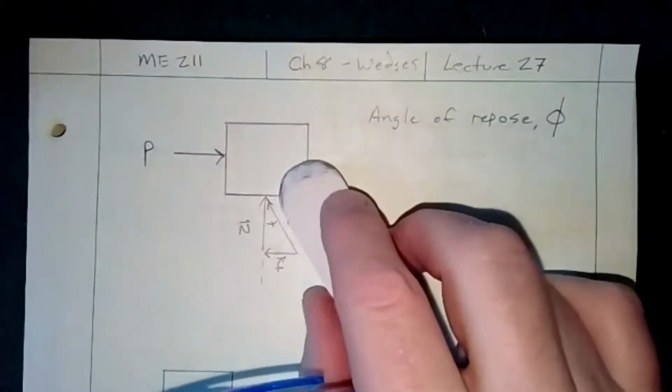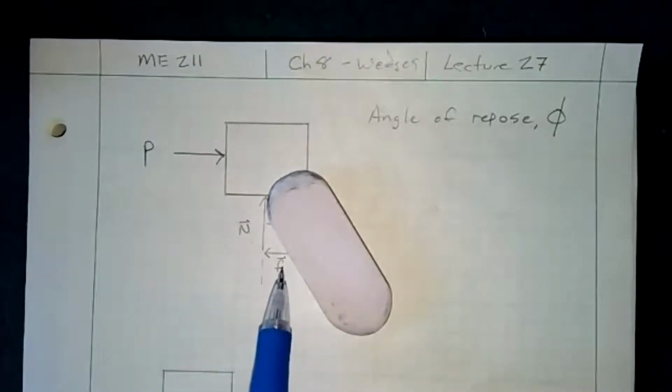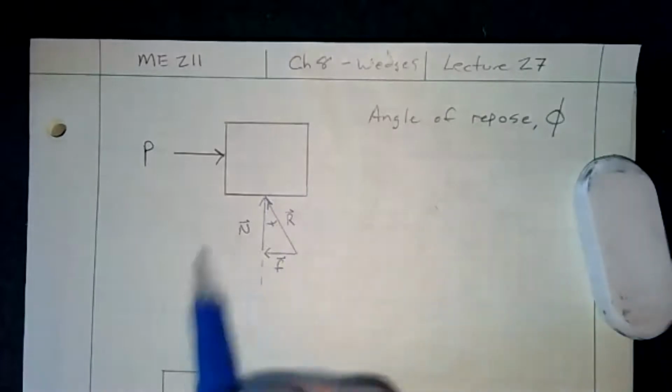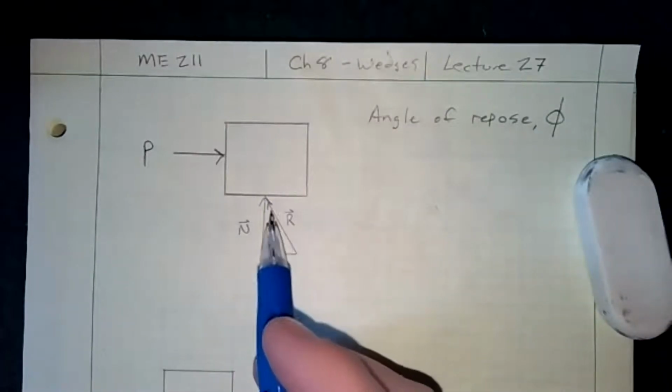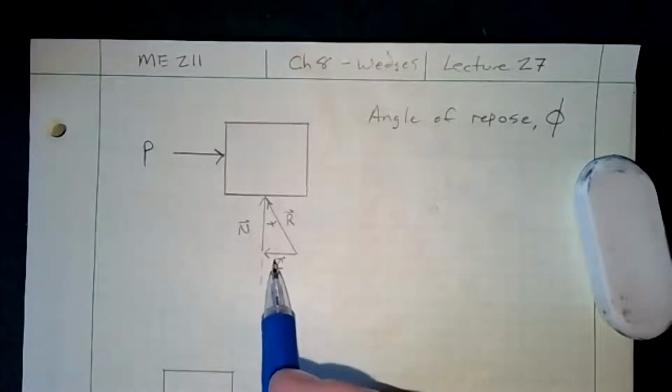If we cover up R, then all we have is the normal force and the friction force. But you see how there's a relationship here. The friction force is perpendicular to the normal force. So if we add the friction force and the normal force, we get what's called R, or resultant force. And that resultant force is just the combination of those two vectors.